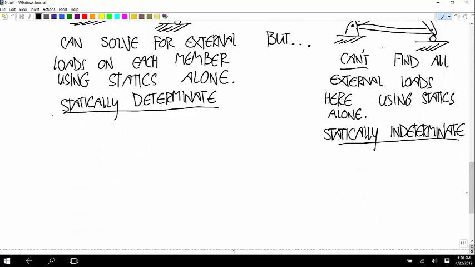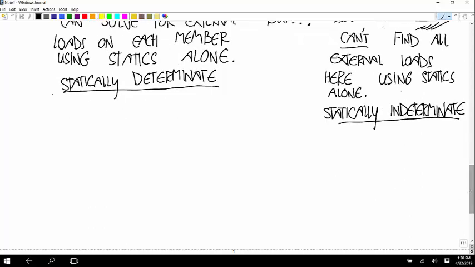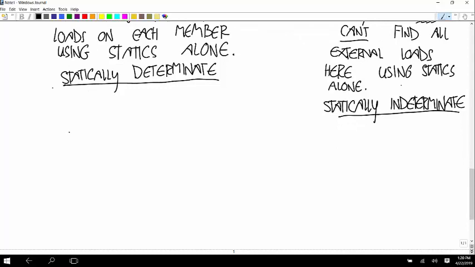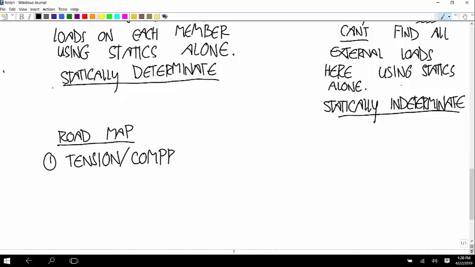So I'm going to go in order. This is sort of like the roadmap of what I'm going to do. I'm going to first go tension compression, and I'm going to talk about calculating the displacement.